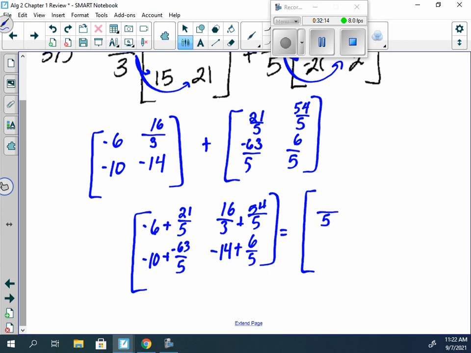As we would end up with fifths, but it would be negative 9/5. And then I believe this is 15.